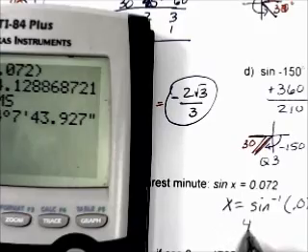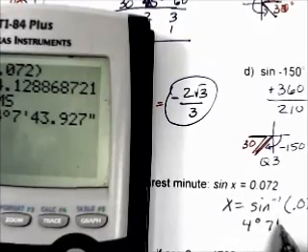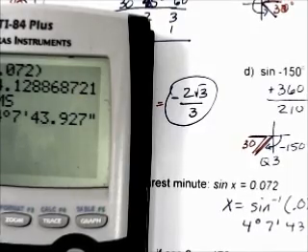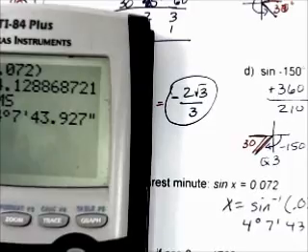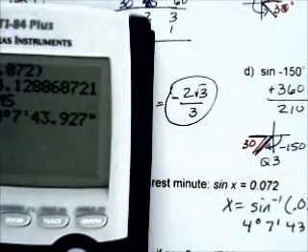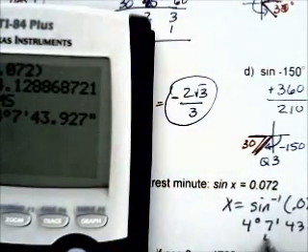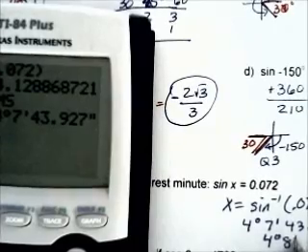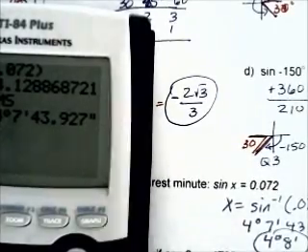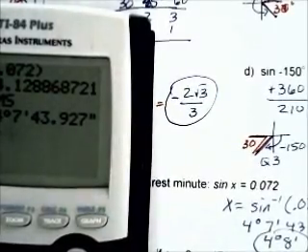We look at the seconds. If the seconds are 30 or more, we round up to the next minute. So this would be 4 degrees, 8 minutes.